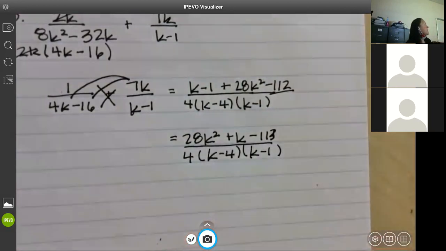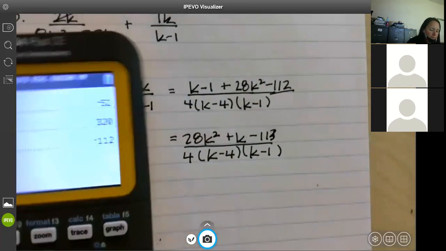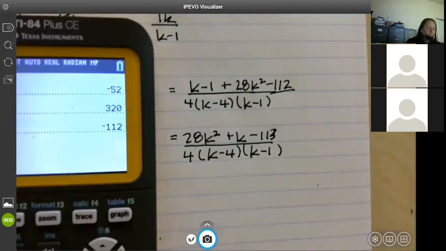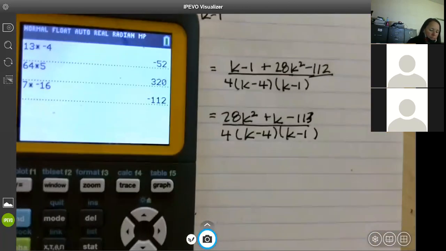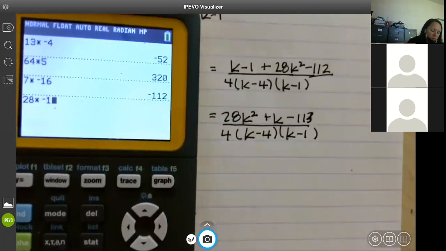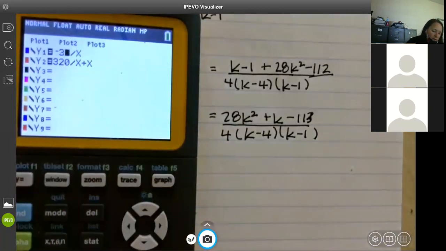At this point, I would check and see if that answer is on there. If it's not, you know you have to factor more. How do I figure out if I have to factor more? Mm-hmm. 28 times negative 113 gives us negative 3164.